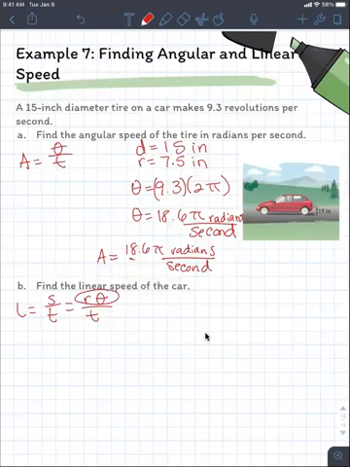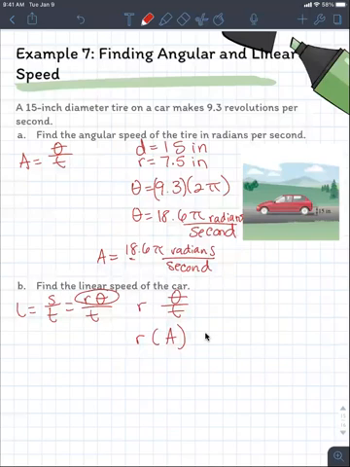We already found what that is because they gave that to us in the question before that. We just found that in angular speed. So we're going to be multiplying our radius times theta over t, which is the same thing as our radius times our angular speed. Does that make sense?